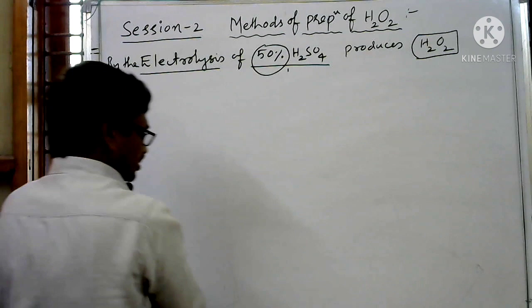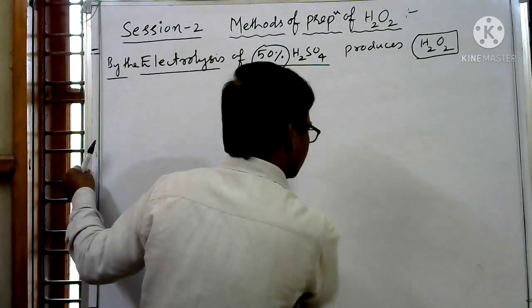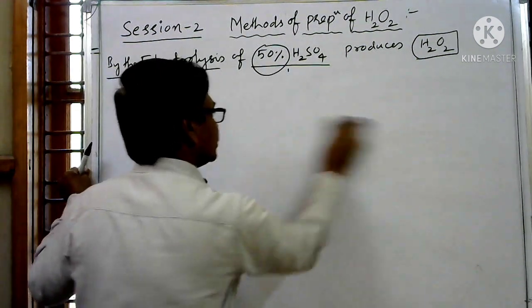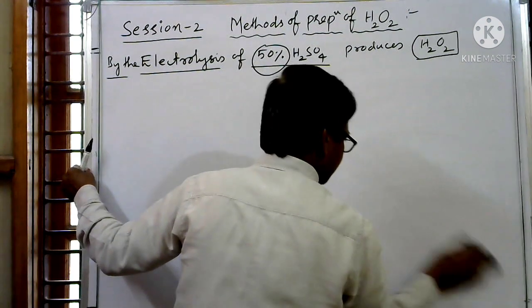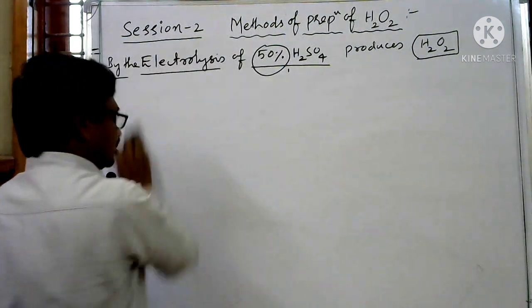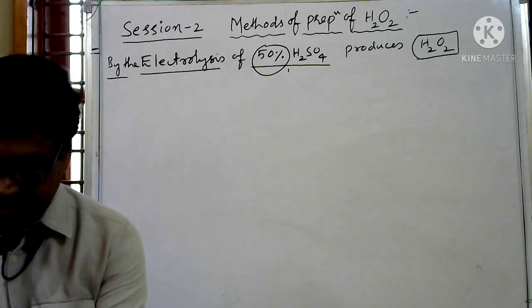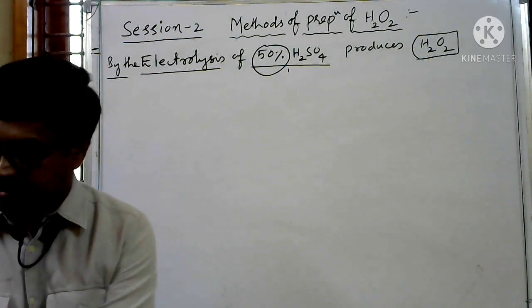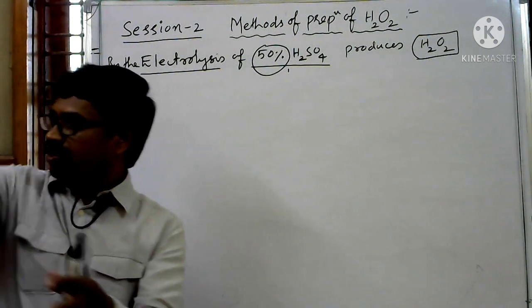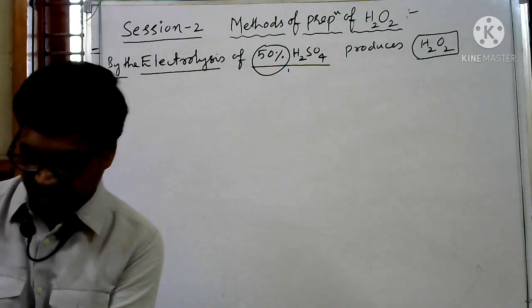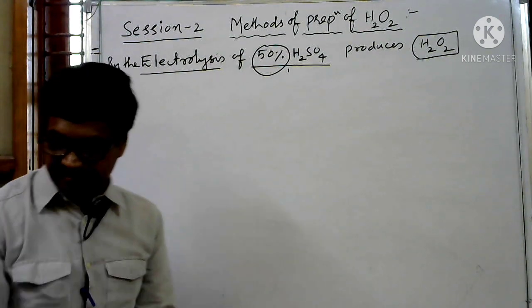The electrolyte is already written there: it is 50% sulfuric acid. The electrodes are platinum and also graphite, which we should take.